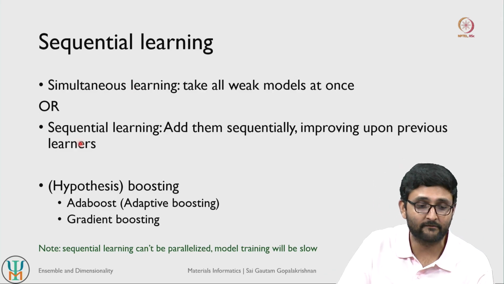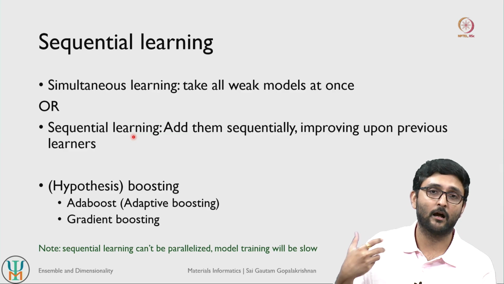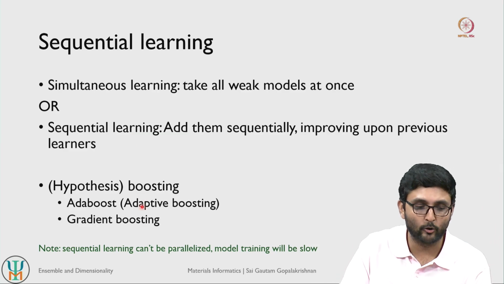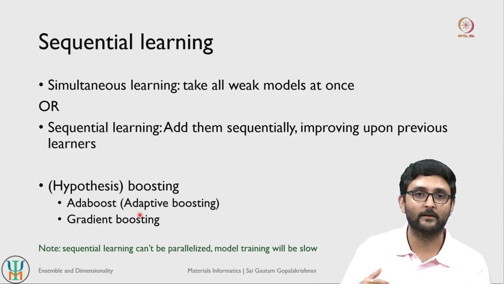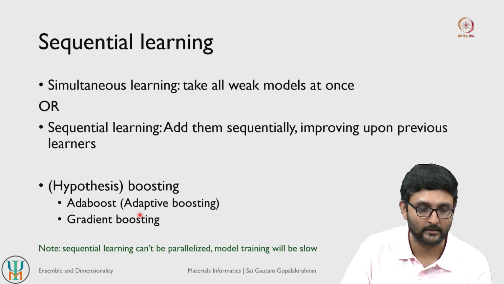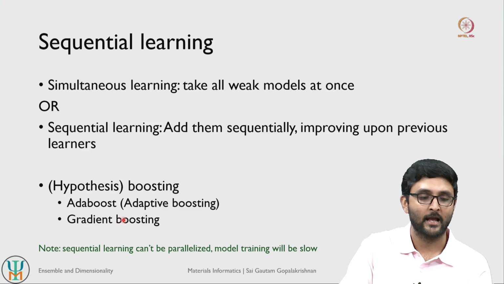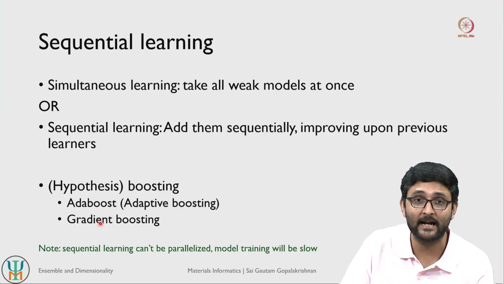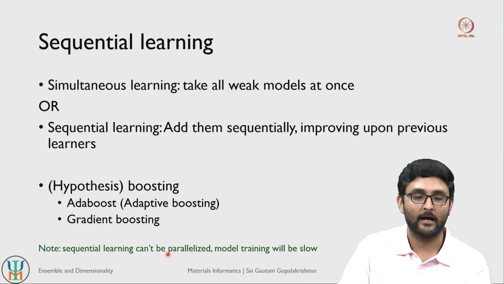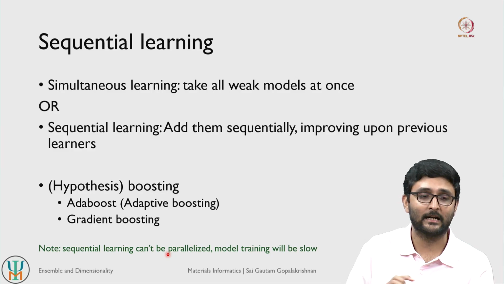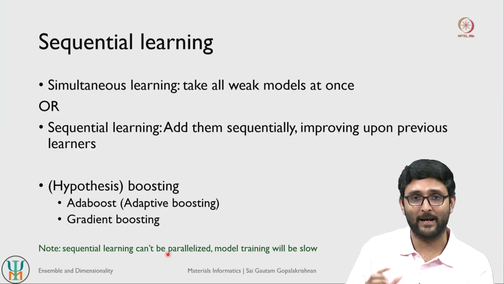Sequential learning is another way to create ensemble models, and there are two popular methods by which we can create sequentially learned models. One is referred to as AdaBoost or adaptive boosting, and the second is referred to as gradient boosting.